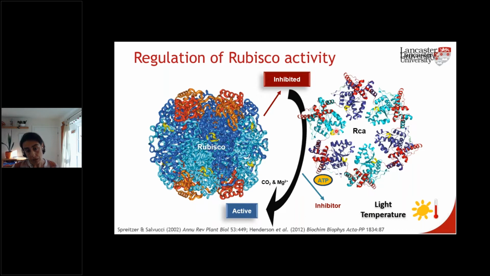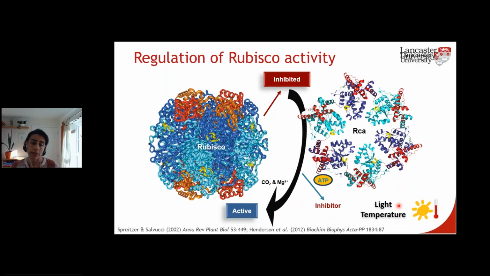Importantly, because Rubisco activase is an ATPase and uses energy from ATP hydrolysis, it is regulated by the redox conditions of the chloroplast, as well as ATP and ADP availability. Rubisco activase modulates the activity of Rubisco in relation to the amount of light that is available at the leaf level.